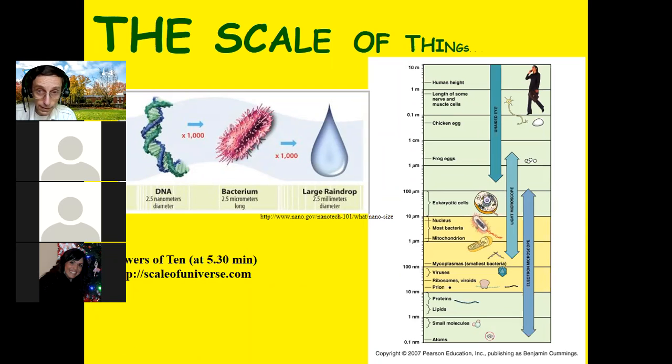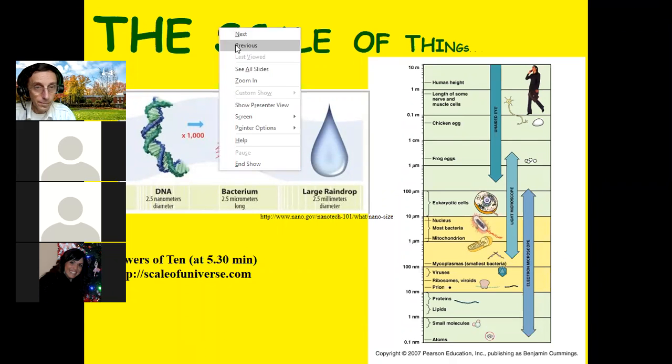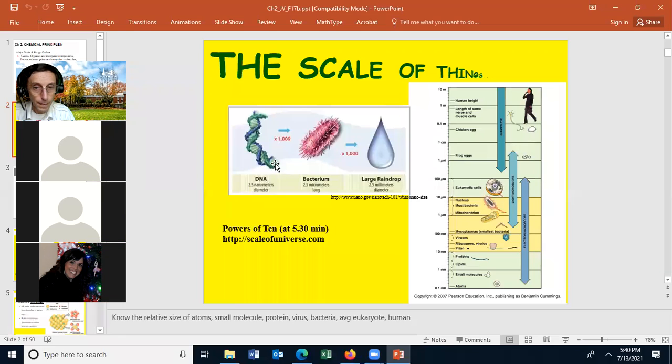And a eukaryotic cell is bigger than a prokaryotic cell, which is bigger than a virus, which is bigger than a large molecule like a protein, which is bigger than a small molecule like water, which is then bigger, which isn't shown there, than an atom. There you go, atoms. So you don't need to know the sizes here, but you should know the relative ranking.